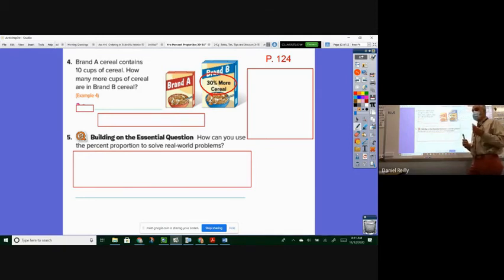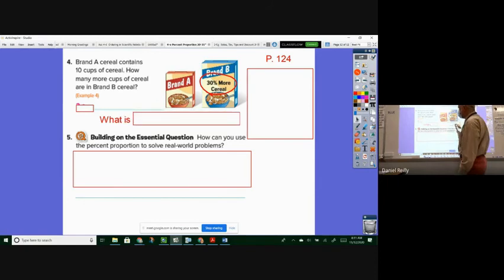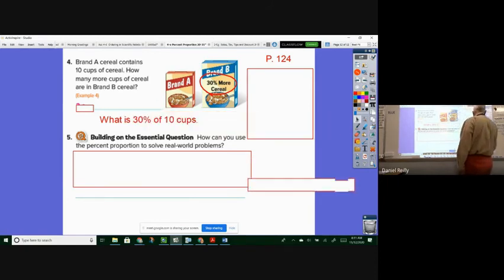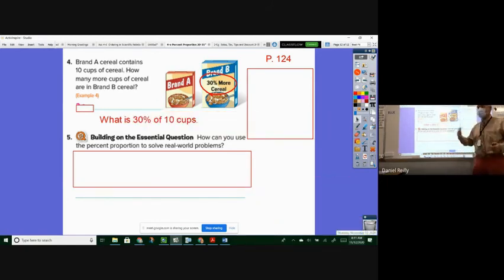Okay, so a lot of times in word problems like this, you have to kind of reword it as the basic percent problem. What is blank percent of what? Or blank is what percent of what, right? So the question here is what I wrote in here. What is 30% of 10 cups? That's the simplified question of this real world problem, which you always kind of have to do. Normally you do this in your head.